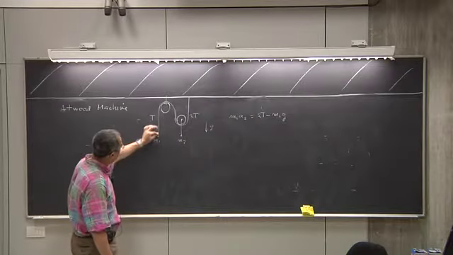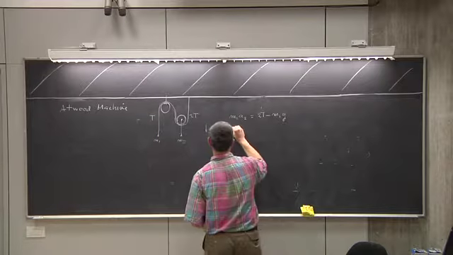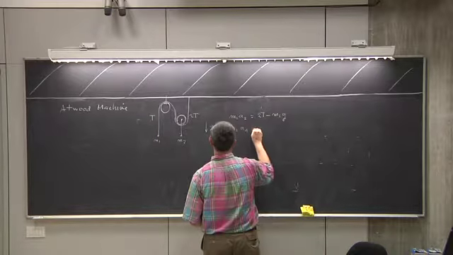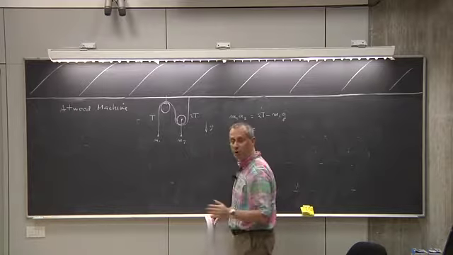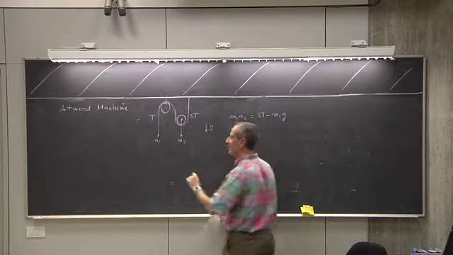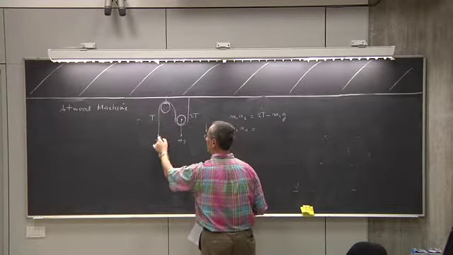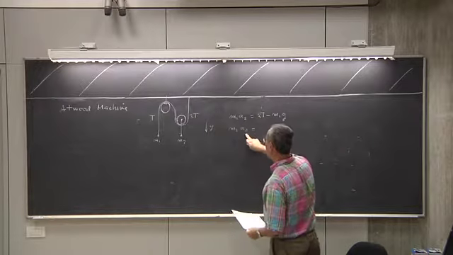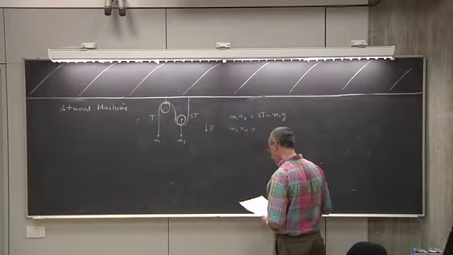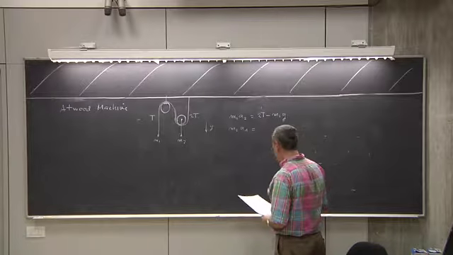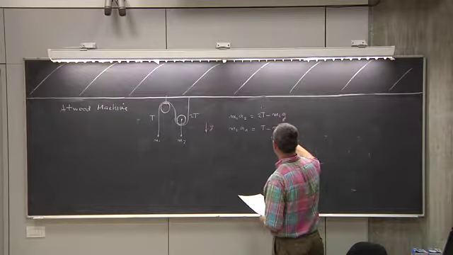Similarly, Newton's law for the other mass there is m1 a1. It's not like before that they had the same acceleration necessarily. Here they can have different accelerations. So I have a sub 1 and a sub 2. Yes, it is T minus m1g.